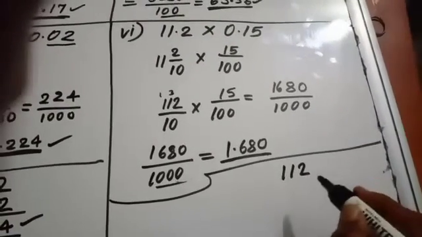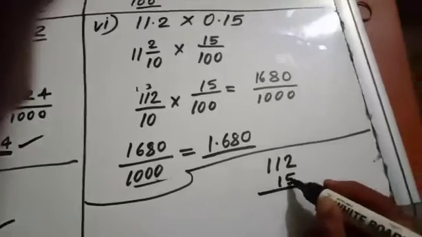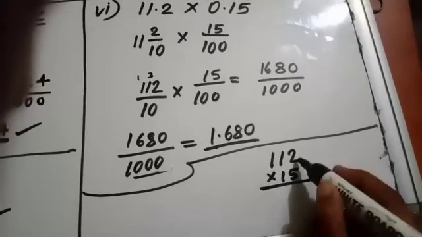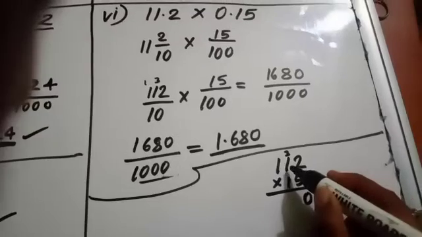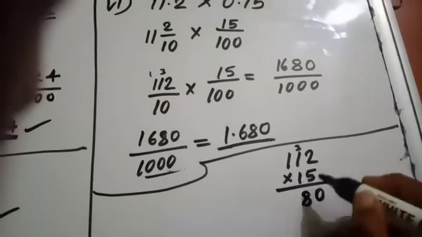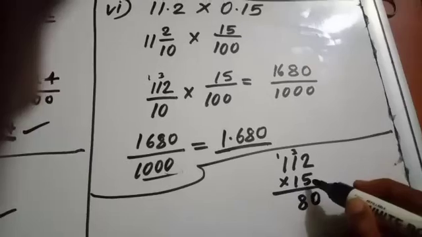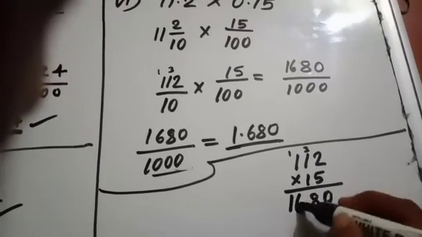There is another alternate method, that is you can find it by ignoring the decimals, direct multiplication. 15 twos are 30, 3 will be carried. 15 ones are 15 plus 3, 18. Then 1 will be carried. 15 ones are 15 plus 1, 16.